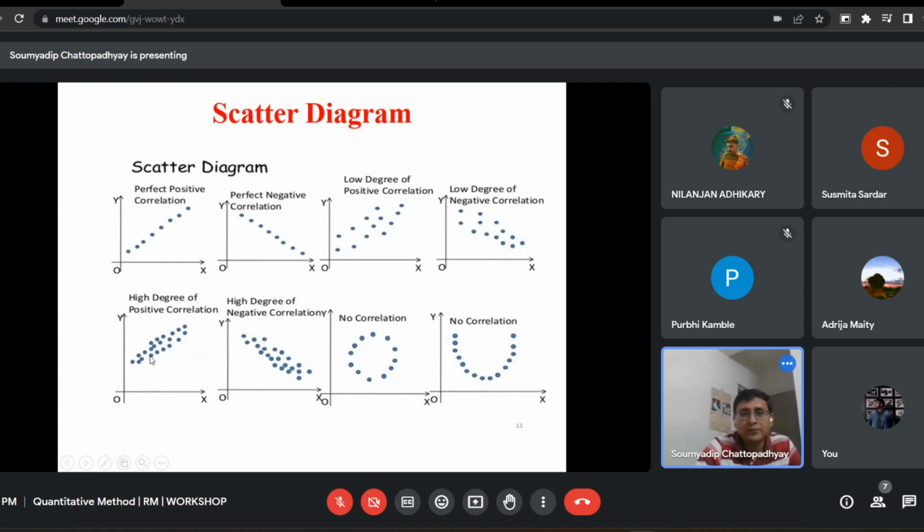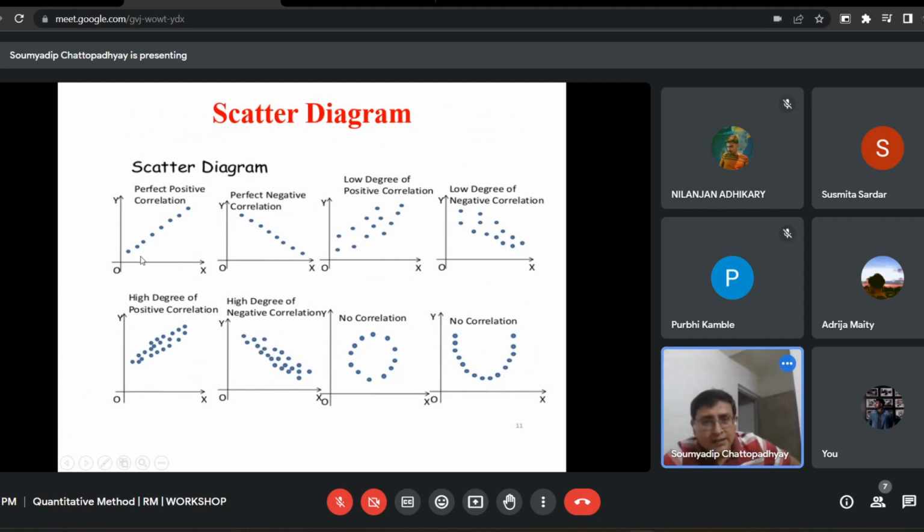That is why the correlation between these two variables is considered positive correlation. And in this data, with an increase in the values of x, there is a decrease in the values of y, so you are witnessing a high degree of negative correlation.